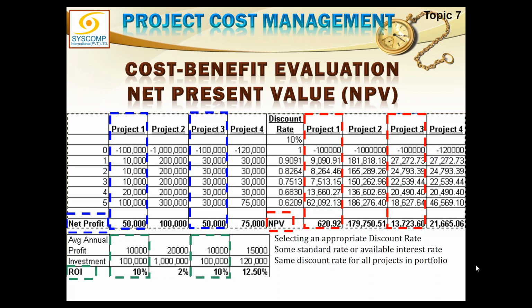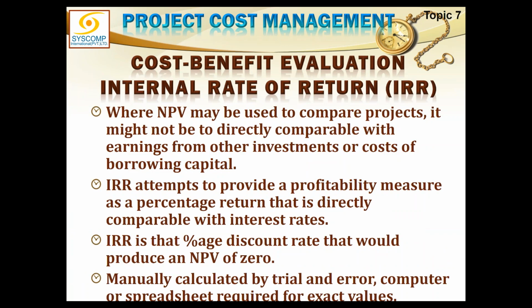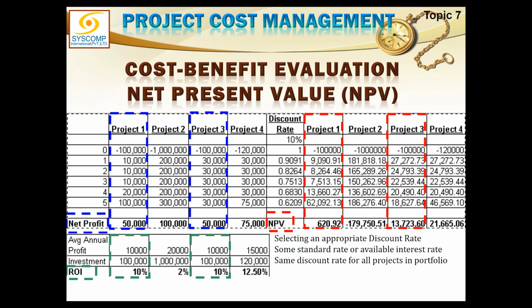Last but not the least, rather the most important, is the internal rate of return. Just listen to me very carefully. In the NPV, we saw the values can go negative also, right? Project 2's value went into minus.